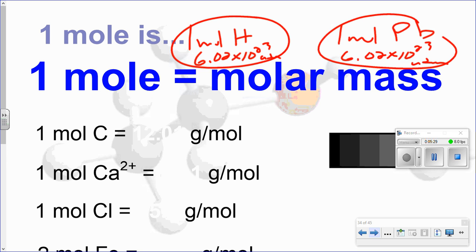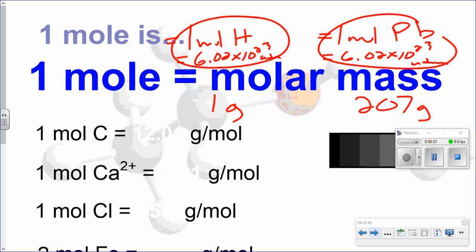Everything's good. But now, think about this. 1 lead atom is humongous. It is very, very heavy. And the mole of hydrogen, which is the smallest atom we know of, is very, very light. So even though 1 mole of lead is equal to 1 mole of hydrogen, and those are exactly the same number of particles, 6.02 times 10 to the 23rd, they have different masses. 1 mole of lead is actually 207 grams. 1 mole of hydrogen is just 1 gram.